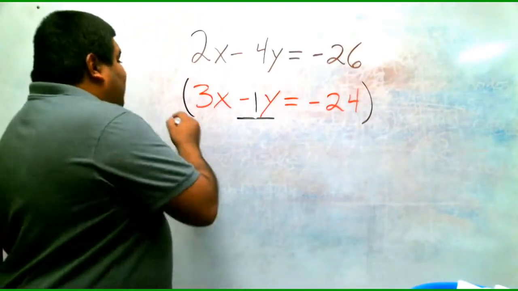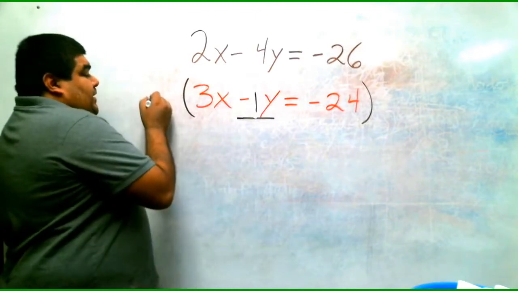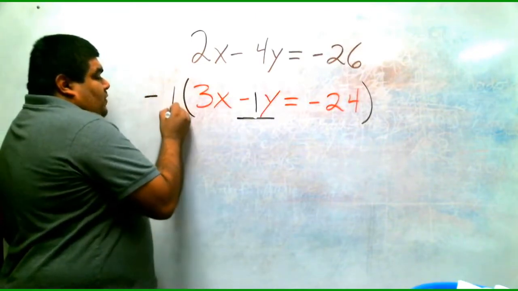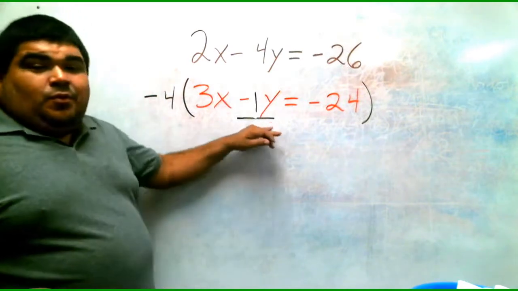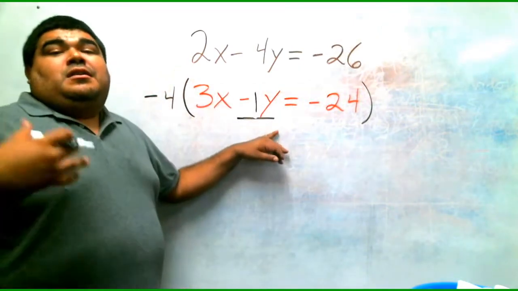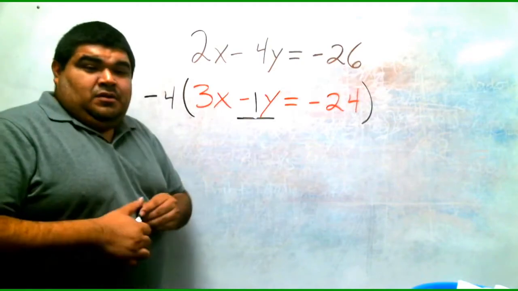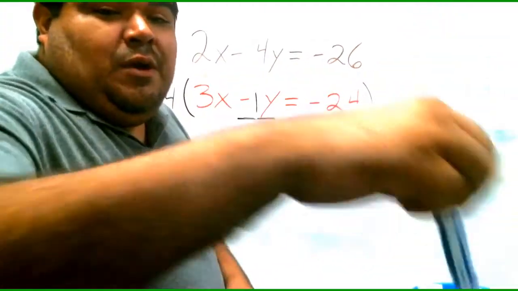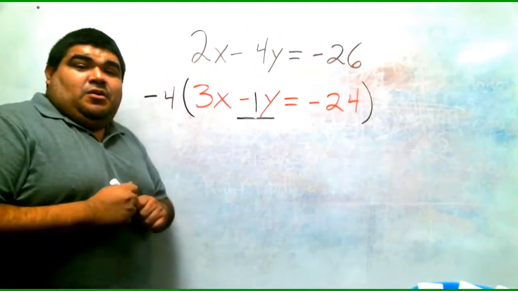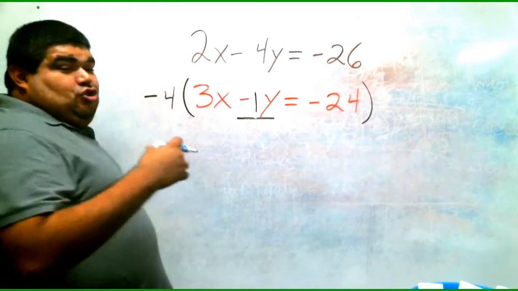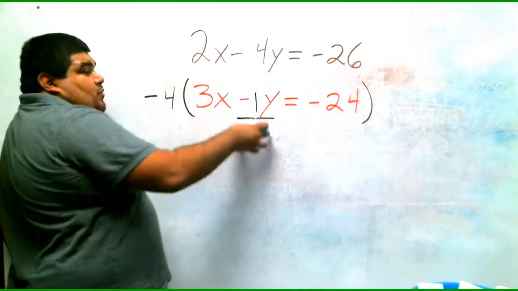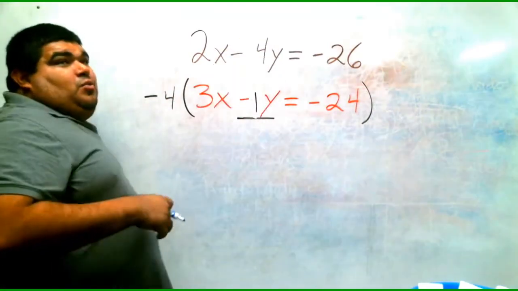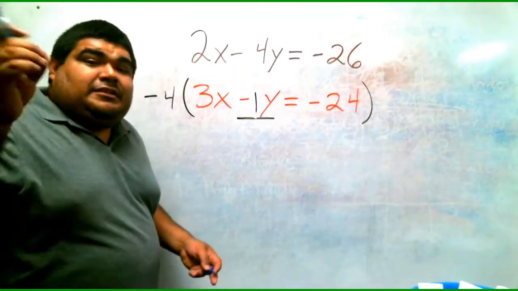We're going to multiply the whole equation by negative 4, because remember, we're looking for the y. We want to make this into a positive 4. For now, we're going to keep the top one the same. What we're going to deal with is distribution on the bottom. We want to make them, well, at least cancel each other out.